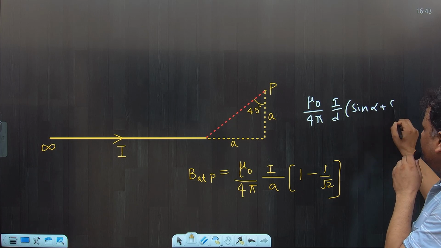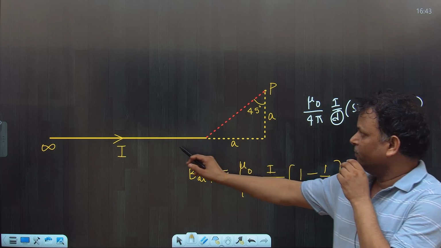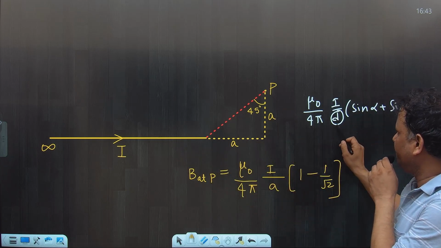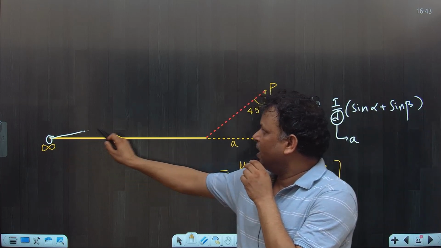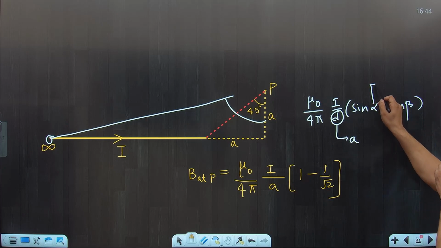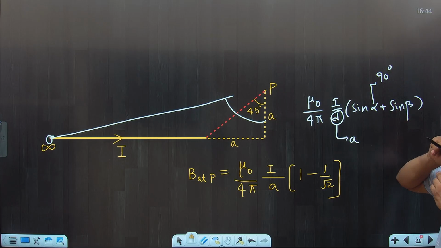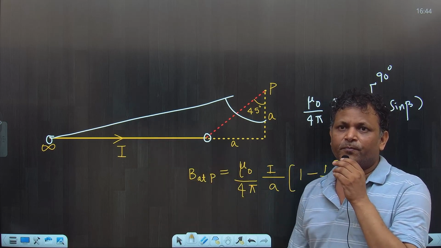So obviously D is the length of the perpendicular. You will put A here, and this end is making an angle of 90 degrees with the perpendicular. So alpha is 90 degrees, and this other end is on the same side of the perpendicular.